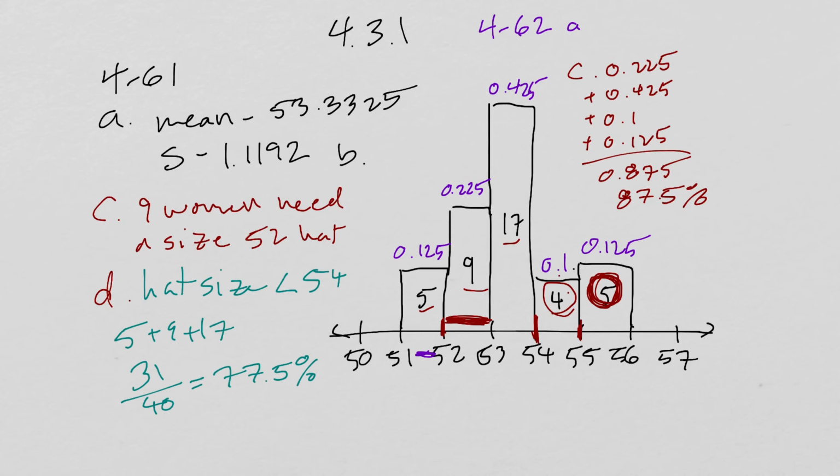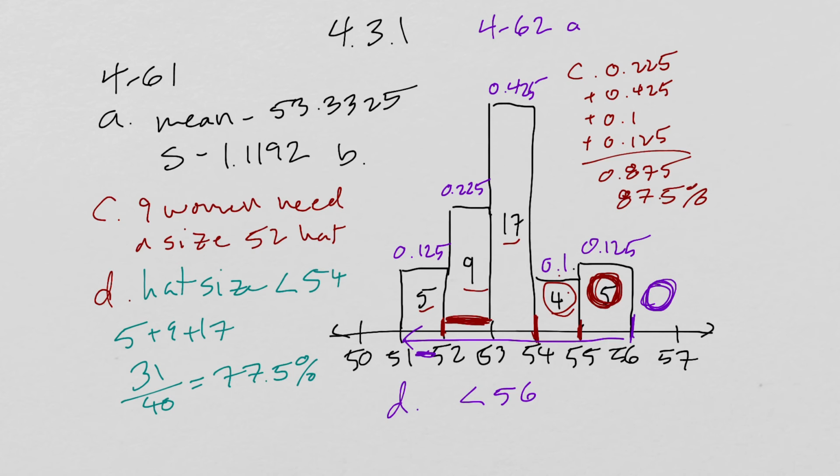Then lastly, part D. Part D is asking what percentage of hats in the sample are below size 56. And size 56, well, there's nobody in size 56 hat, right? So everybody below that is counted.